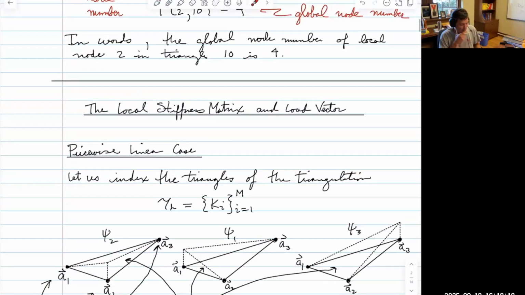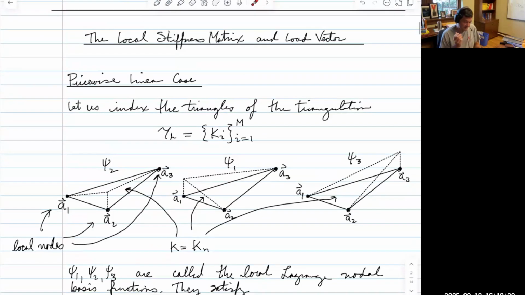So how does this help us assemble the stiffness matrix? I have to explain. To do so, I need to tell you what these so-called local Lagrange basis functions are, the local Lagrange nodal basis functions, in fact. So I want to define something which I haven't defined yet: psi 1, psi 2, and psi 3.